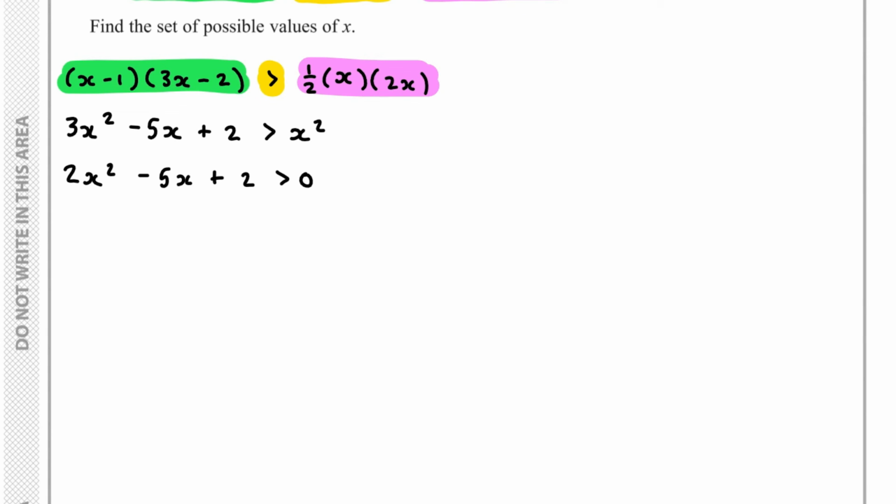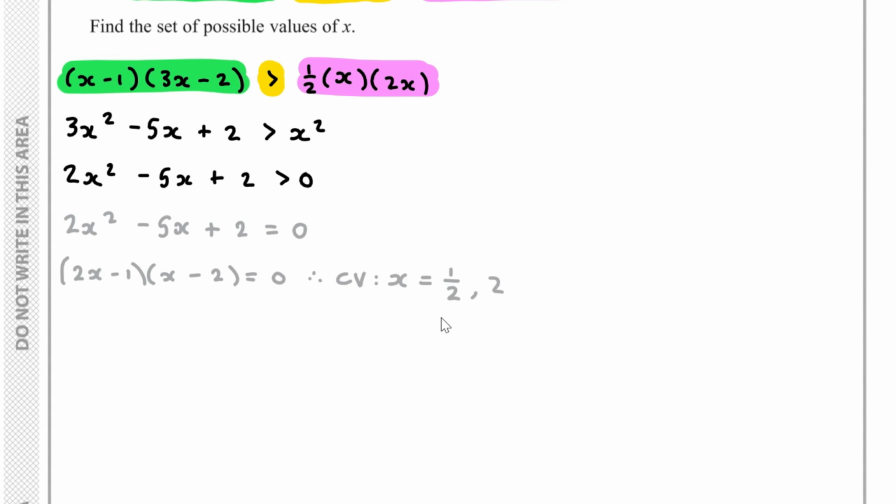So first of all, let's find the critical values by replacing the inequality sign with an equal sign. So we've got 2x squared minus 5x plus 2 equals 0, and if we factorize this, we've got 2x minus 1 lots of x minus 2 equals 0. So therefore, for our critical values, we've got x is either equal to 1/2 or x is equal to 2.